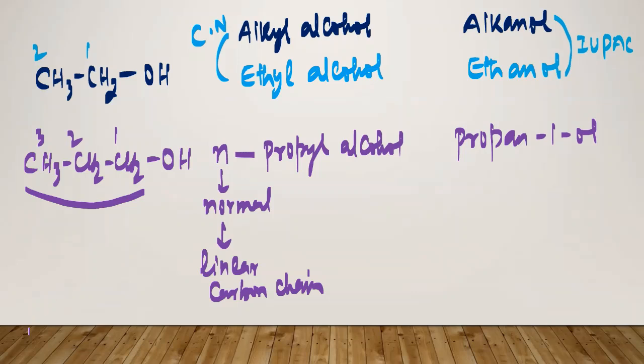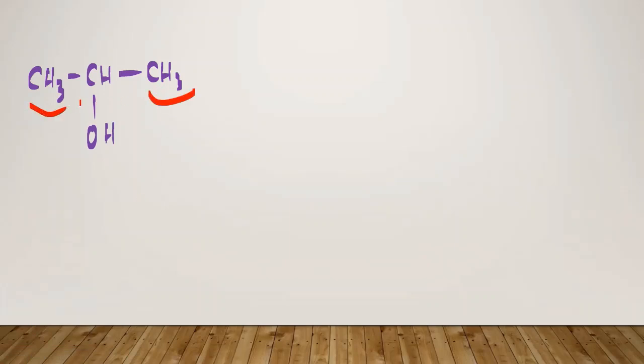Yes. So let's take a few more examples, my dear friends. Have a look here. CH3, CH, CH3, OH. Be careful here. Always understand when you have 2 CH3 groups in a particular compound, then you have to use the term iso for that.